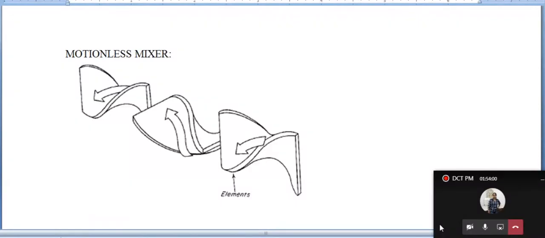Then what is this used for? Now, till now we have seen agitation vessels used to dissolve a gas, dissolve a solid, suspend a catalyst, promote mass transfer, promote heat transfer, mix miscible liquids, and make an emulsion of immiscible liquids also.